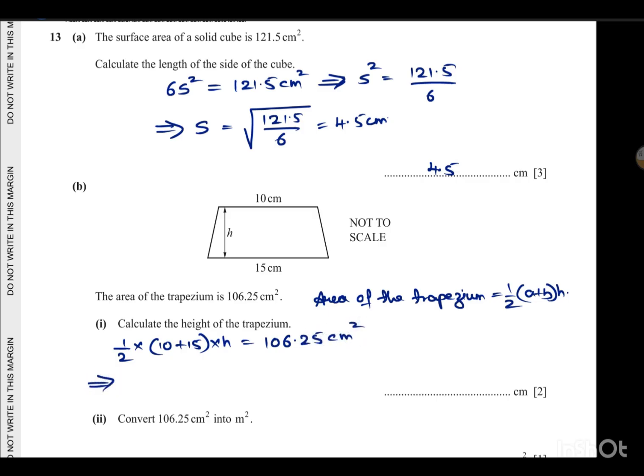Now add these two. 25 by 2 into height is equal to 106.25. Keeping h on the left hand side, bring the fraction onto the right hand side. That will be multiplied with the reciprocal of that.